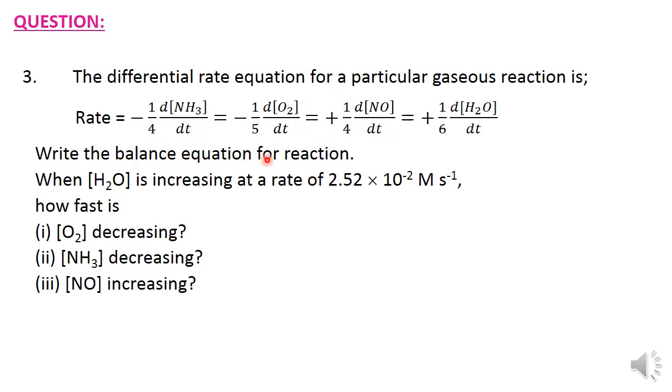Write the balanced equation for the reaction, and when the concentration of H2O is increasing at a rate of 2.52 times 10 to the power of minus 2 molar per second, find how fast the concentration of O2 is decreasing, the concentration of ammonia is decreasing, and the concentration of NO is increasing.